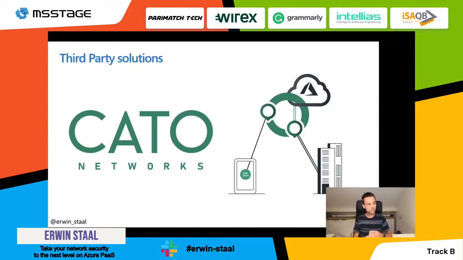For Cato, for example, they have nearly 50 locations in the world where your clients will connect to, and then once they are connected with the Cato network, they will go through a private backbone connection into the Azure network. That means you have a faster, more reliable, and more secure connection into Azure compared to what you would have with a direct VPN connection into Azure.